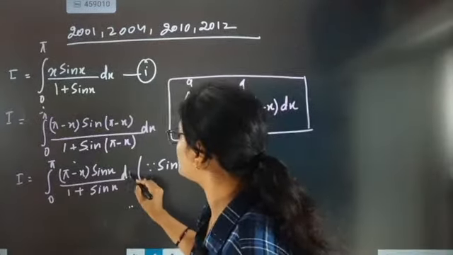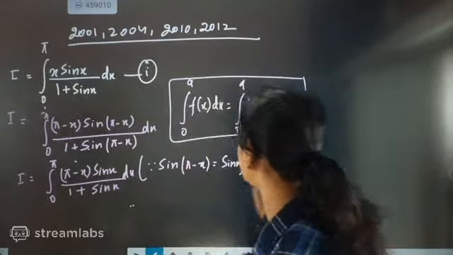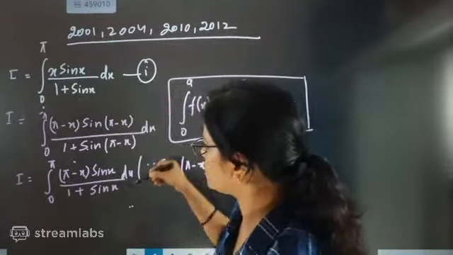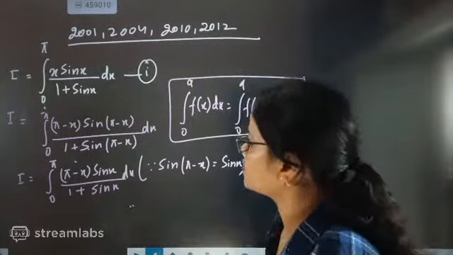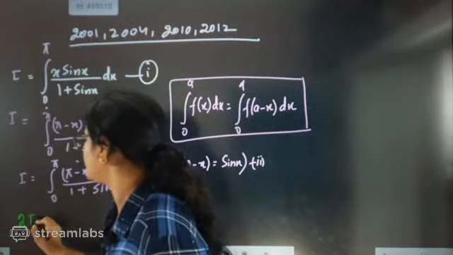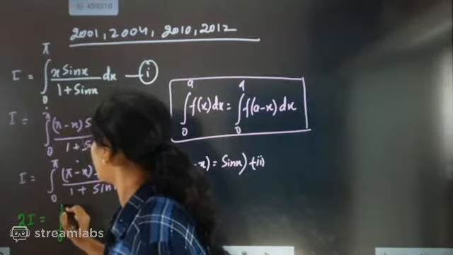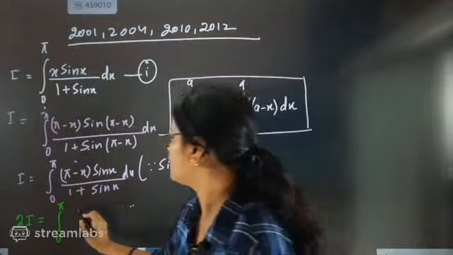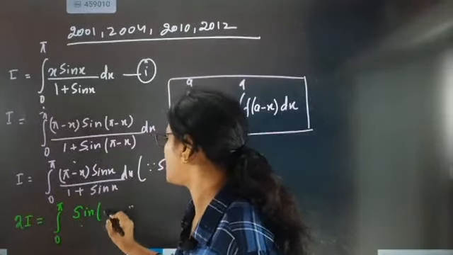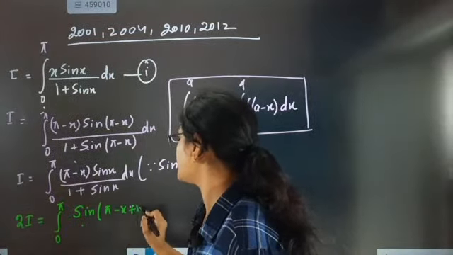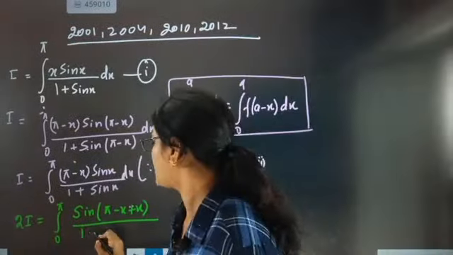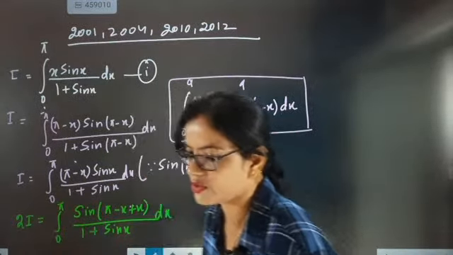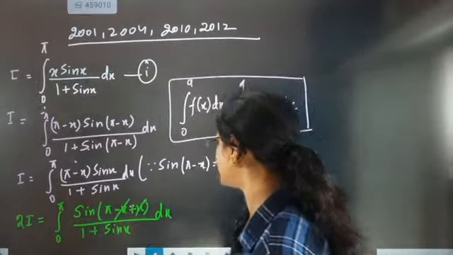Now we take this as equation 2 and add equation 1 and equation 2. Once you add them, this part becomes 2I equal to the integral from 0 to pi. Here pi minus x plus x will be there, and sin x is common, so this becomes pi minus x plus x by 1 plus sin x, because the base is the same. Now x and minus x will get cancelled.